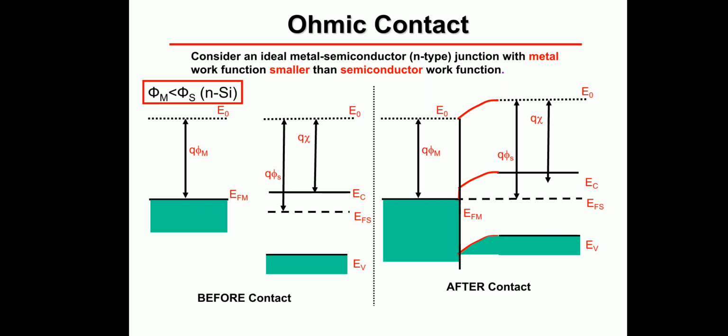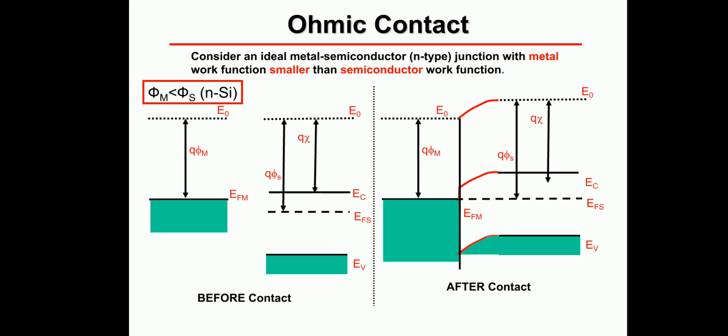We already said that the classification of whether it is Schottky or ohmic is based on the work function difference, that means the work function between the metal and the semiconductor. Based on the work function of metal and semiconductor, we are doing the classification. In a Schottky contact, if phi m is greater than phi s for n-type material, then that contact will act as a Schottky contact.